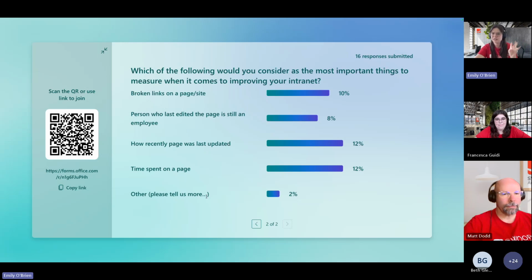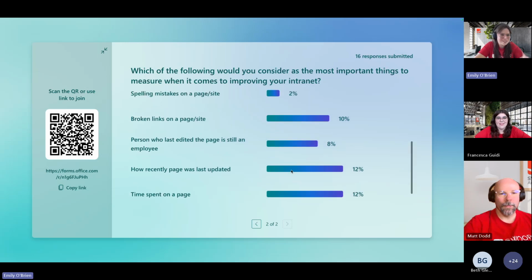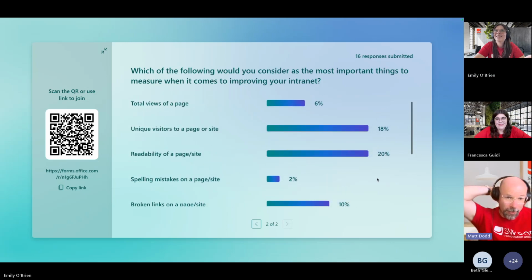If you're someone that falls into the other category, please do feel free to share anything additional that you're measuring for improvement. Matt, Fran, are there any trends here that are emerging that are surprising, or do they feel pretty aligned with what we're expecting? It looks pretty much like what I was expecting.